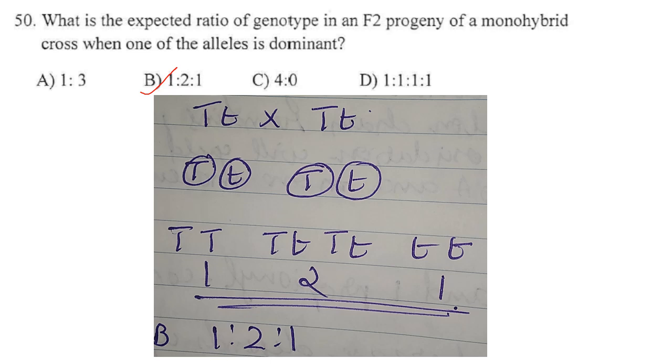These capital T small t are your F1 progenies. Once you cross capital T small t with capital T small t, you get the F2 progeny. So for the monohybrid cross, the expected ratio of genotype will be 1:2:1. So the answer here is option B.